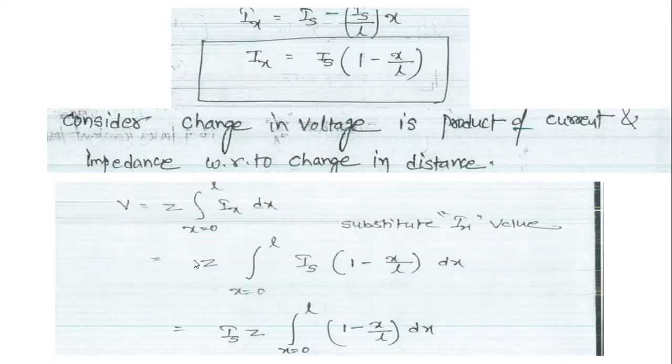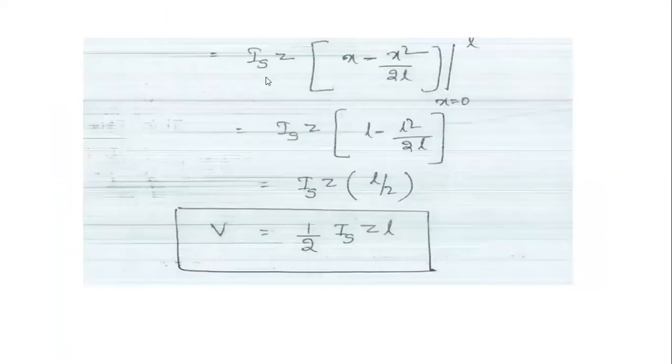Next, after integrating the value and substituting the limits, that is X equal to 0 to L, the voltage drop V is equal to half into Is into Z into L, where V is the voltage drop across the feeder, Is is the sending end current, Z is the impedance and L is the length of the feeder.